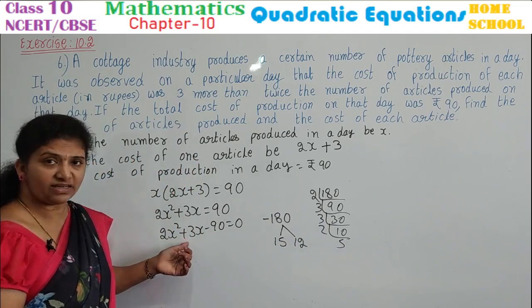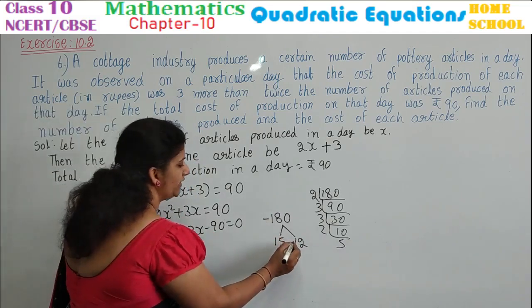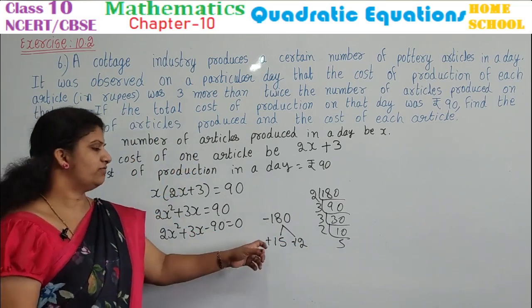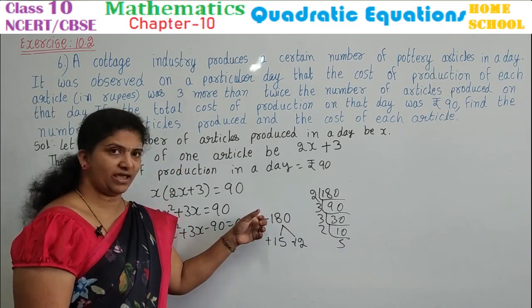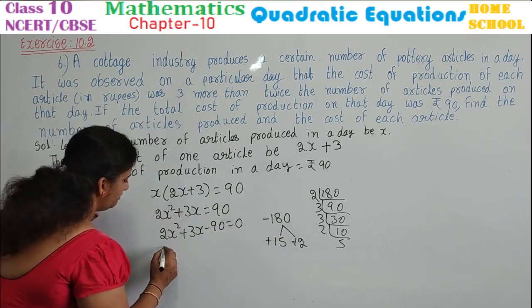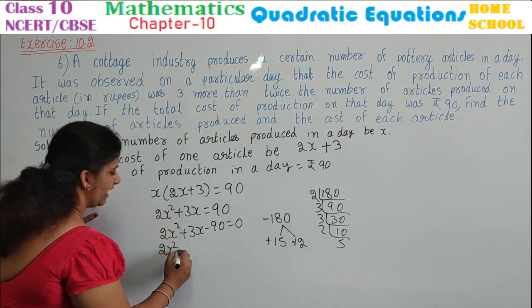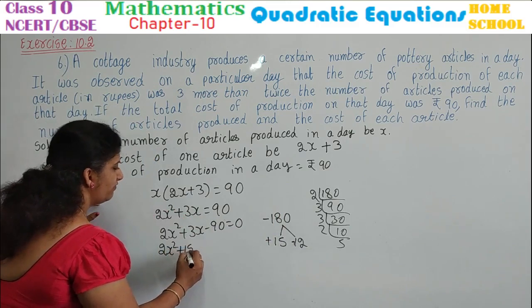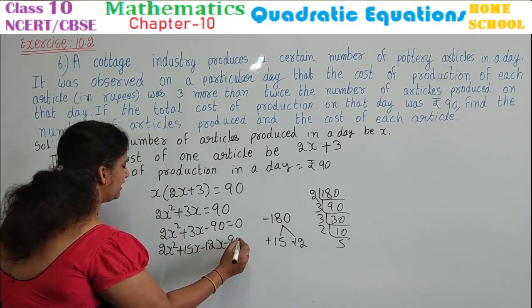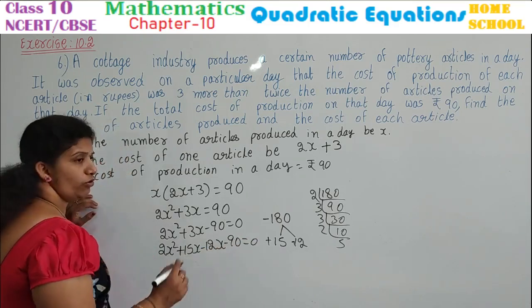And how will you get plus 3? If you subtract, plus 15 minus 12 will be 3. And if you multiply plus into minus, minus 15 12s are 180. Now split the middle term. 2x square plus 15x minus 12x minus 90 equal to 0. Don't be confused.